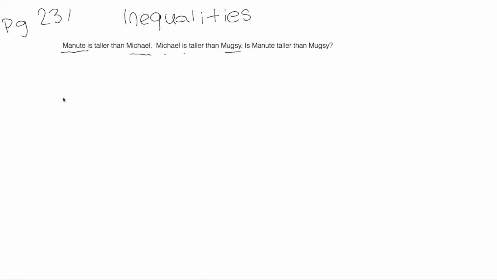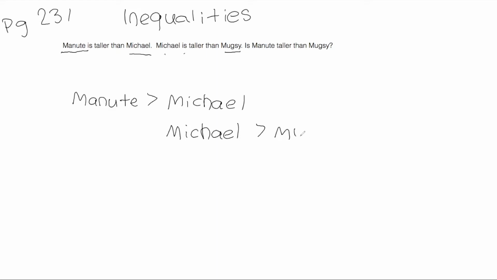So let's maybe use an inequality to show this. Manute's height is greater than Michael's height. And then Michael's height is greater than Muggsy's height. Exactly. So we have two inequalities. Is there a way we could combine these and make them into just one?